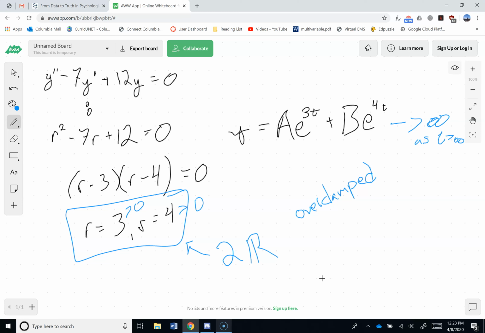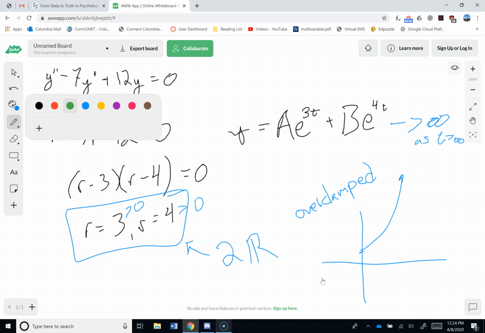And so that means my spring system looks something like this. It starts at some value and goes like that. That doesn't feel like overdamping, because overdamping looks like this. So what is this thing if it's not overdamped?